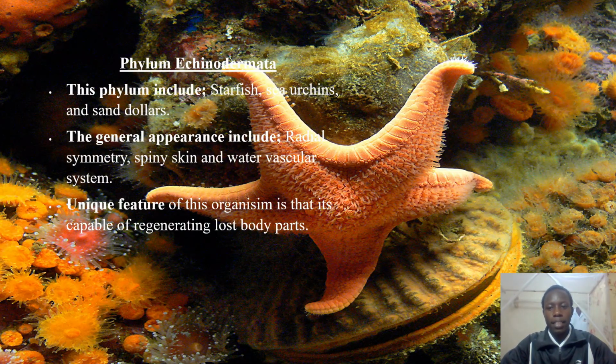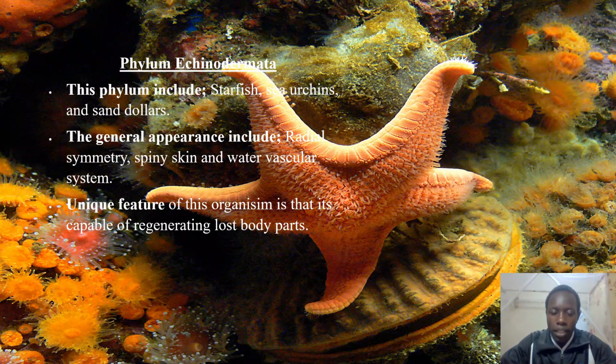You realize that one other characteristic that we will be using to distinguish these organisms is the symmetry of the body. Those that are bilaterally symmetrical, I'm very sorry, terms are very difficult to pronounce, but we will get used to it as we move on.